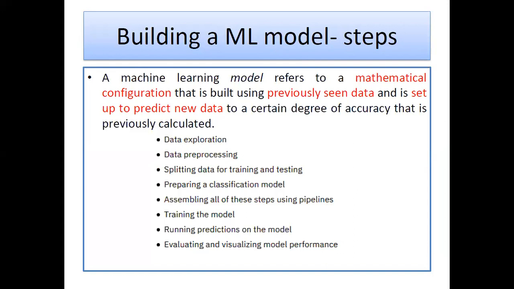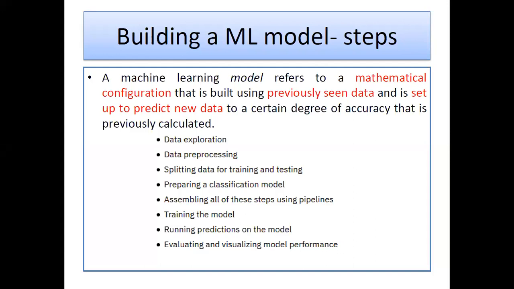A machine learning model refers to a mathematical configuration that is built using previously seen data and is set up to predict new data. So: mathematical configuration, previously seen data, set up to predict new data. These are the major things you do in machine learning.